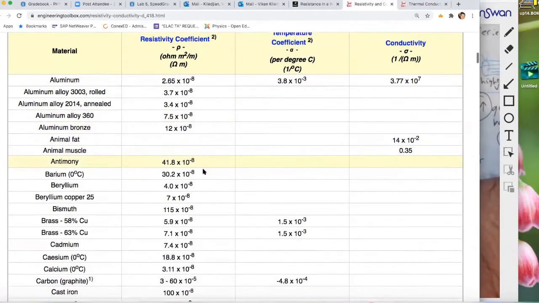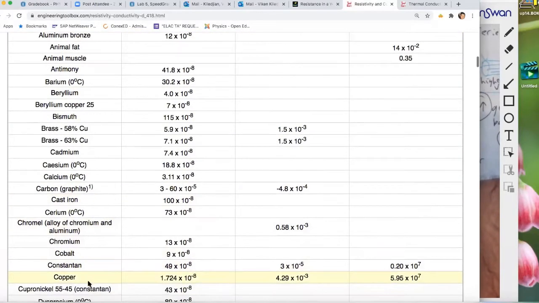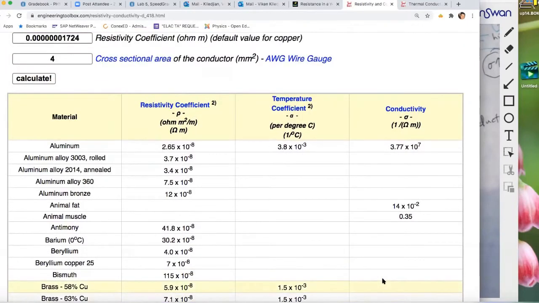Let's say, for example, copper is a typical one we use for electricity. Copper resistivity is 1.724 times 10 to the minus 8. The units of that is ohm times meter, which is what we just wrote.